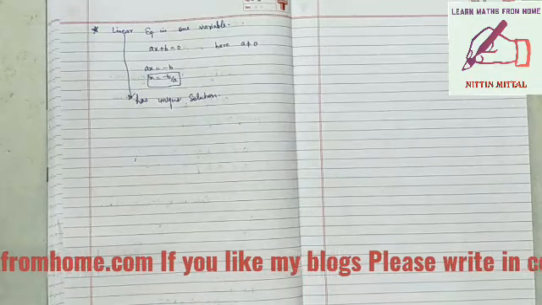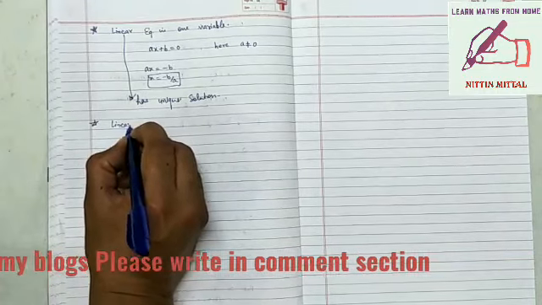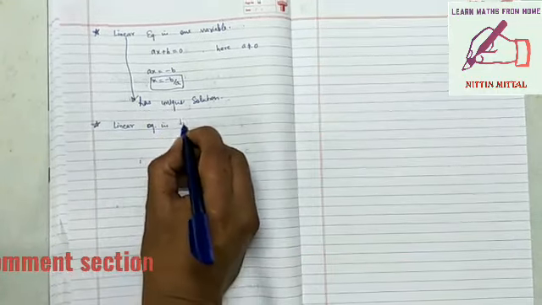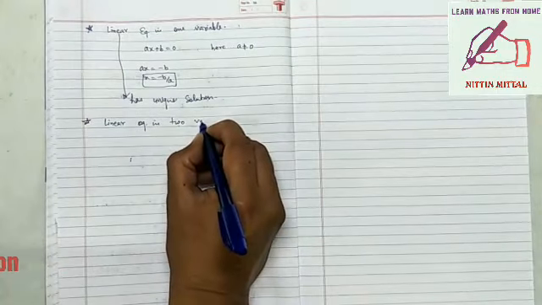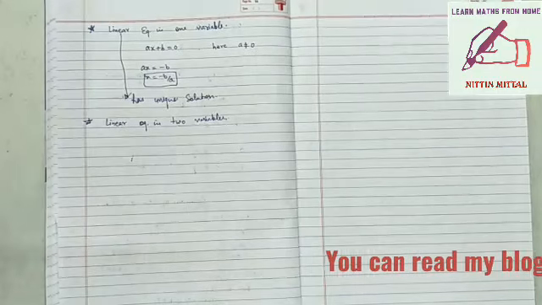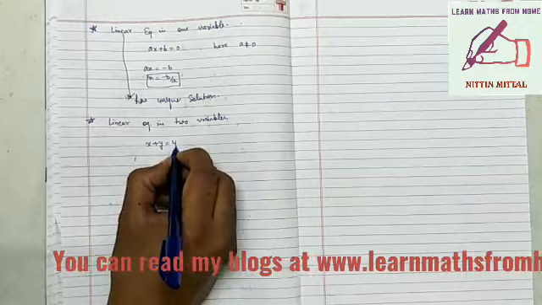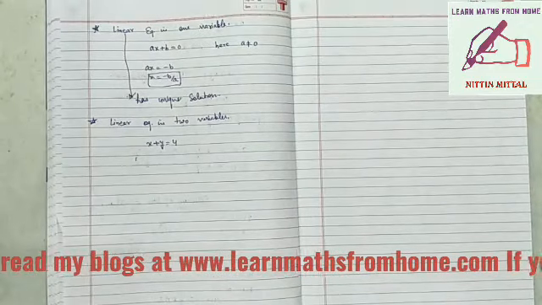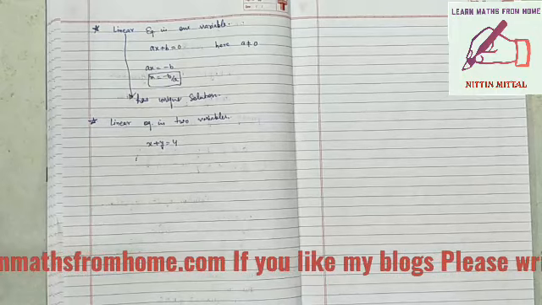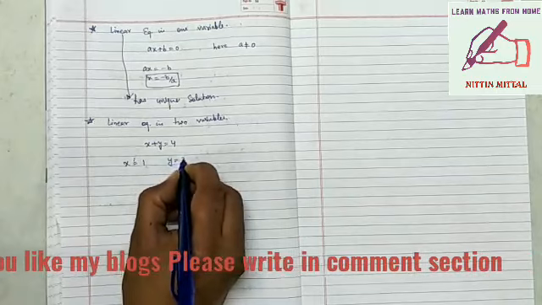Now linear equation in two variables. Linear equation in two variables, for example, say x plus y equal to 4. Now what can you say about the solutions of a linear equation in two variables? Now we know if I put x equal to 1, y will be equal to 3.